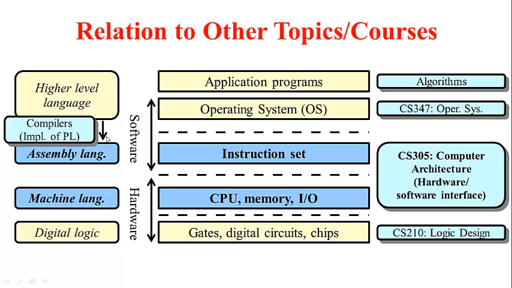That would be in a compiler's course. This course, computer architecture, deals with these two parts of this hierarchy, the computer system design and the instruction set design. We deal with assembly language and machine language. In this hierarchy, until here is the hardware and above this is the software, and this course will deal with the interface between the hardware and the software.